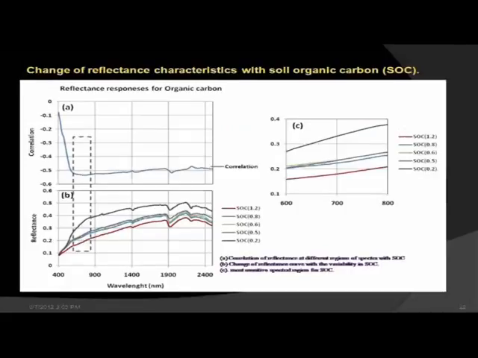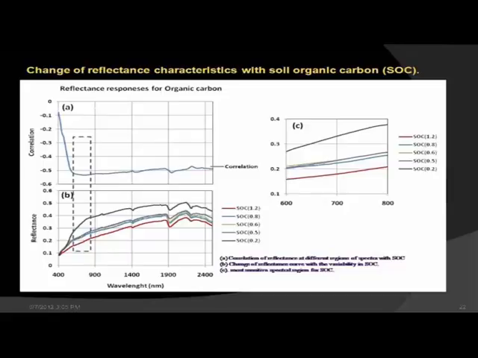Now coming back to the estimation of soil parameters, the first and foremost thing we have done here is taken the 400 to 2500 nm spectra and related it with the attribute we are looking for. For example, I am looking for organic carbon content, so I had 87 soil samples, of which 2/3 were taken for development of the prediction model and the rest 1/3 for validation.